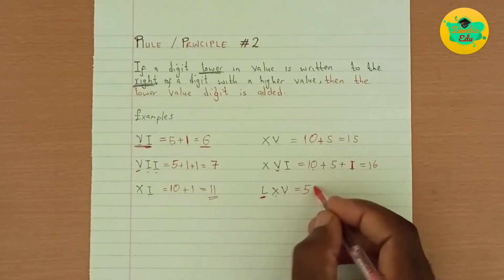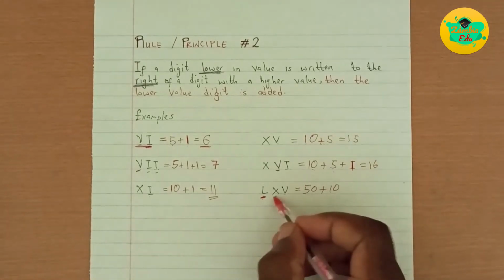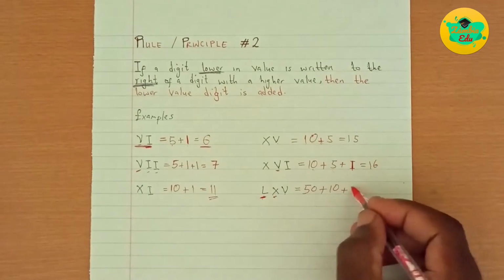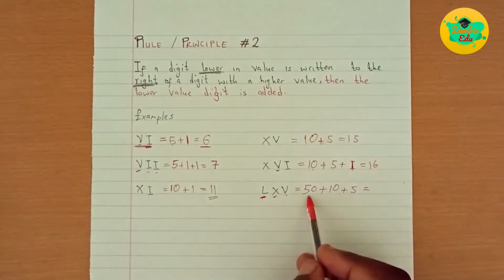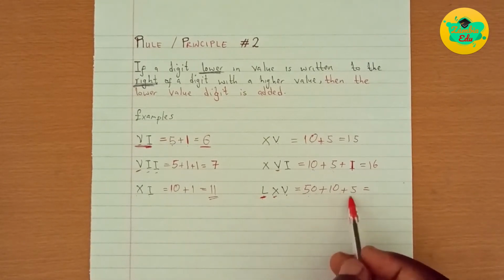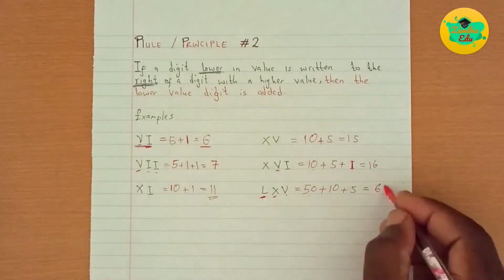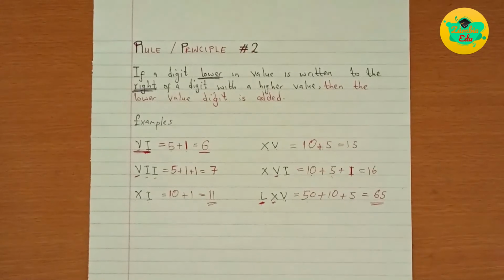So the higher digit is 50 plus 10 for X plus 5 for V. 50 plus 10, 60, plus 5, 65. So that's what that rule means.